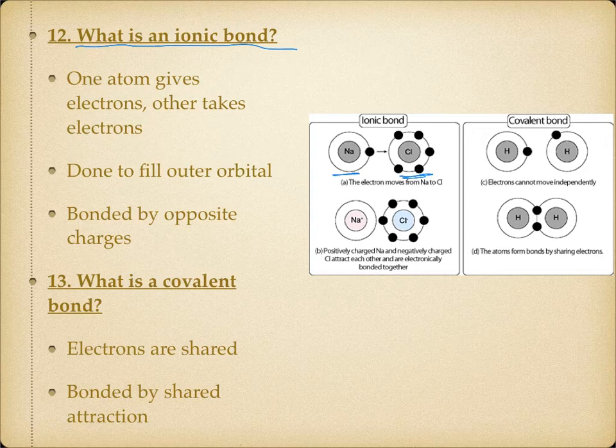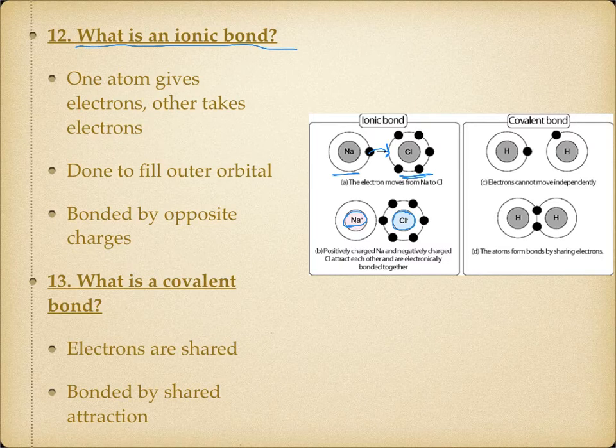The sodium will transfer this electron to fill the outer shell on the chlorine, creating a sodium ion, Na+1, and forming a chloride ion, Cl-1. The positive and negative are going to attract, and it'll form this ionic compound formed by this ionic bond between the sodium ion and the chloride ion.